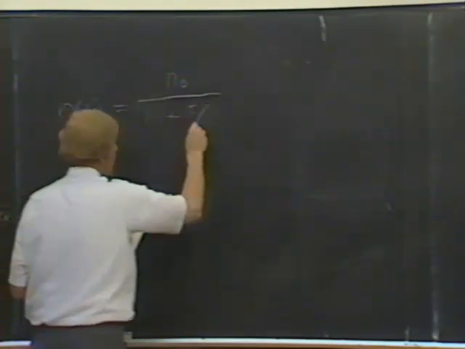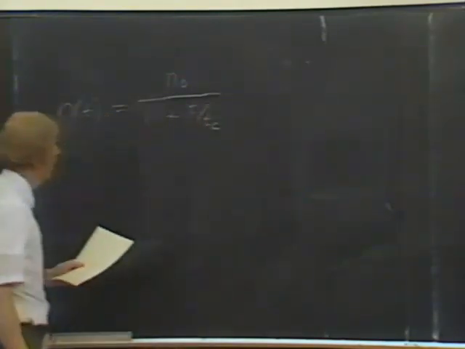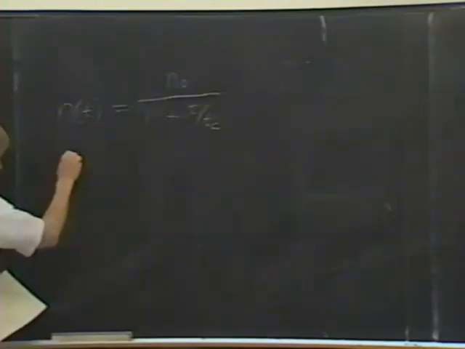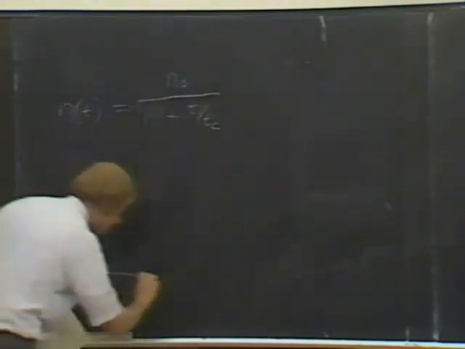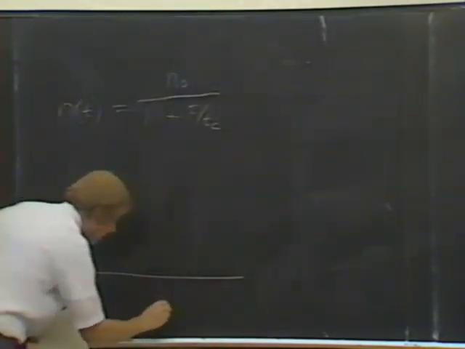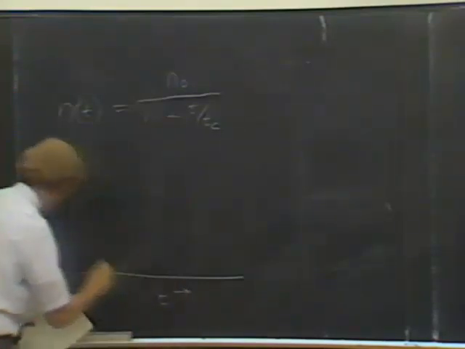And this relationship looks like this. T in this direction, N in this direction, and with, let's say, this is N0.